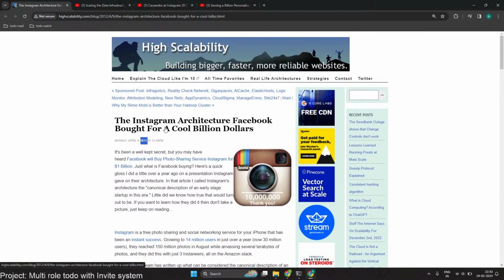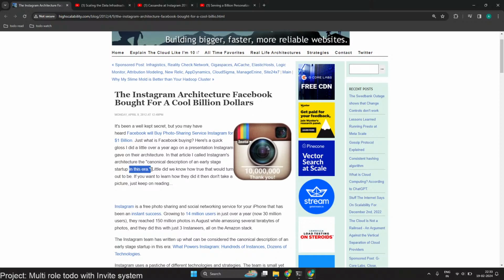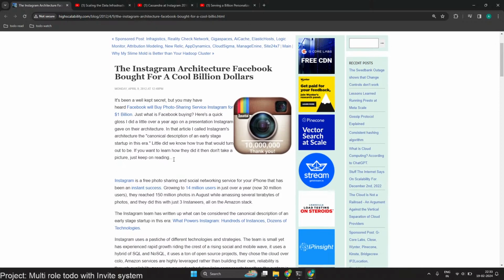Instagram. Check this article, I put the link to Instagram in the description. Little did we know about how it started. If you want to learn about their data and their pictures, just look at Instagram.